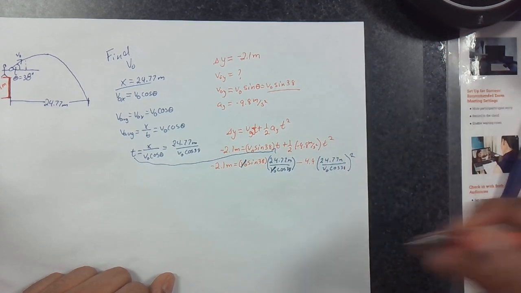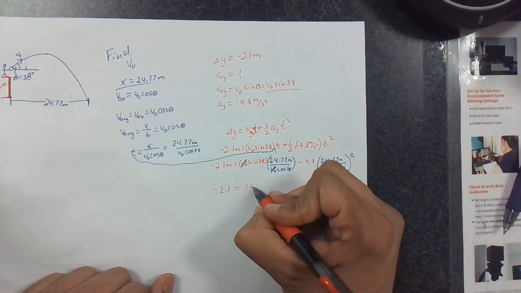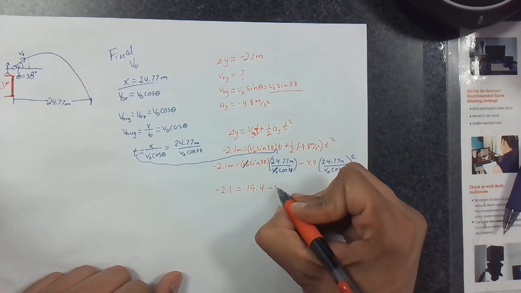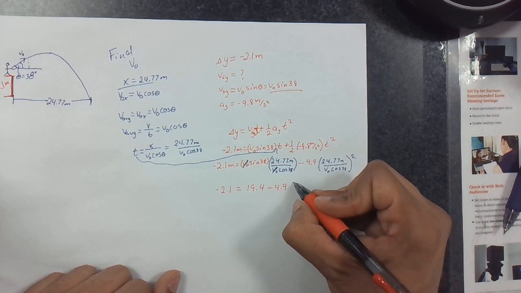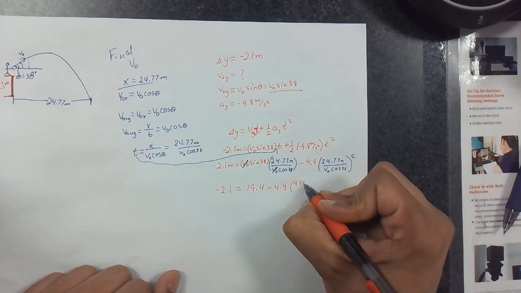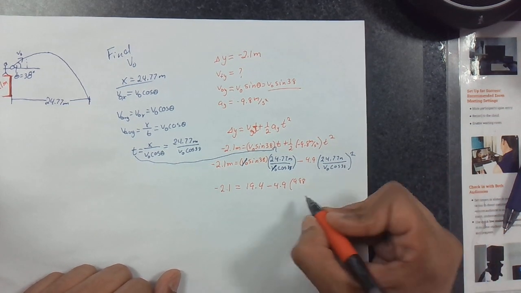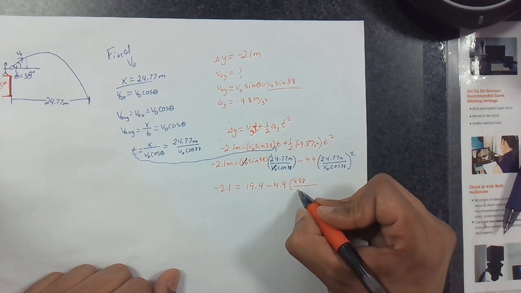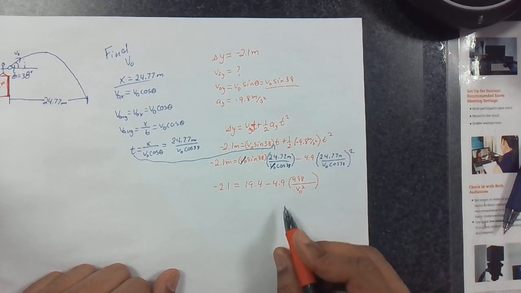So we get 2.1 equals 19.4 minus 4.9 times 988, that would be the 24.77 squared, over v naught squared. The cosine would go divided into that as well. There we go. That's what we're left with.